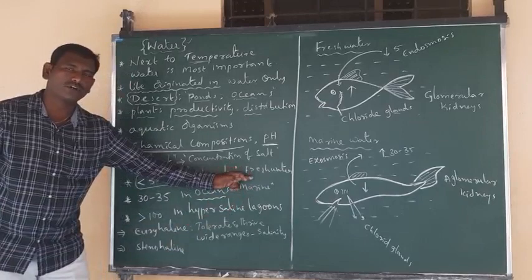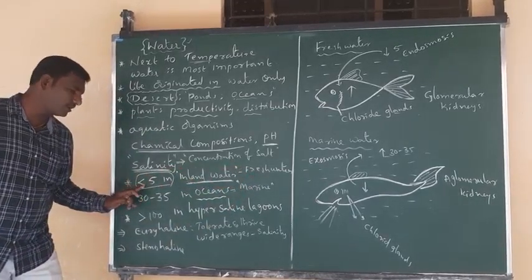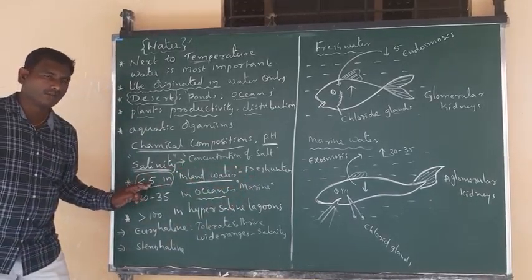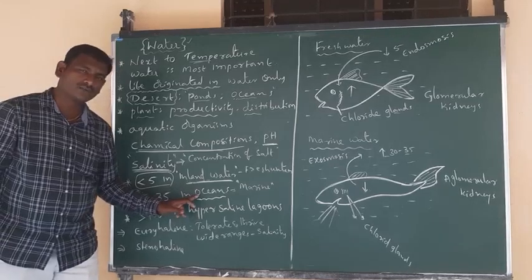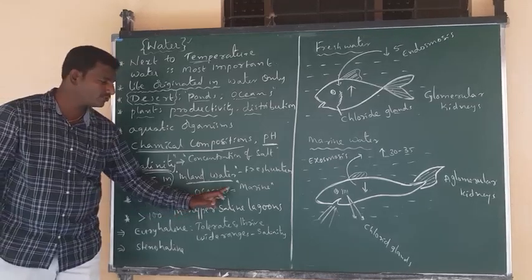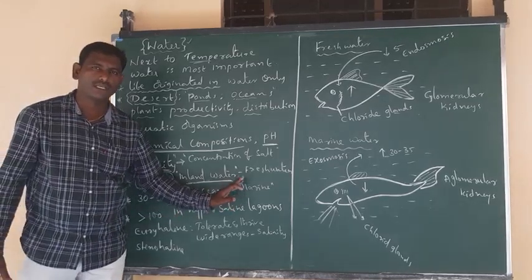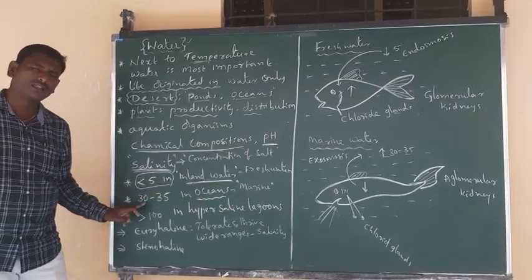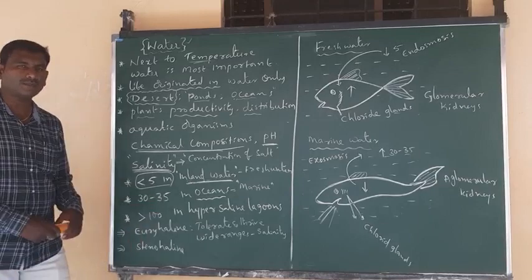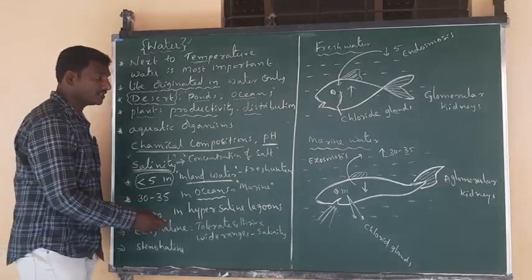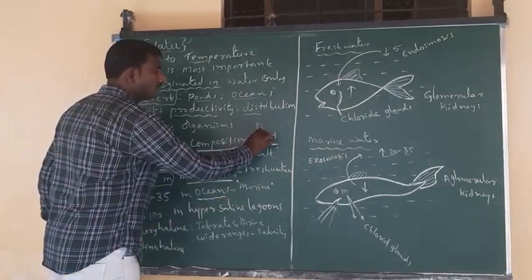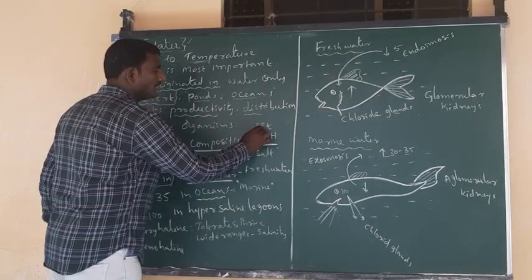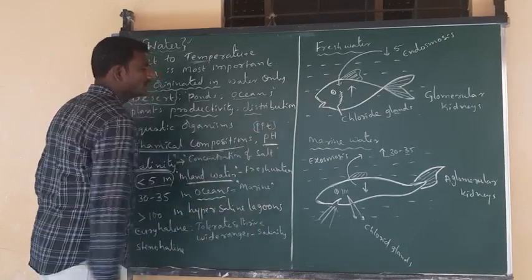In freshwater bodies the salinity is always less than 5. Compared to these freshwater bodies, the oceanic water bodies are termed marine waters. In marine water bodies, the salt concentration is about 30 to 35. These salt concentrations are measured in ppt, meaning parts per thousand.